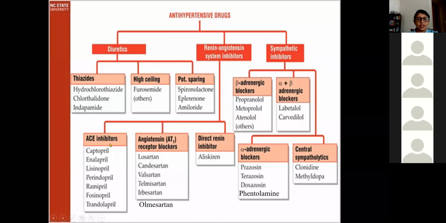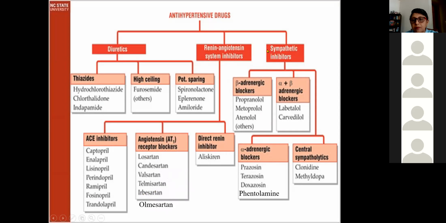ACE inhibitors are captopril, enalapril, lisinopril, perindopril, ramipril, fosinopril, trandolapril. Don't worry about the names, only a few you have to study, but I have to complete the names. Then ARBs, angiotensin receptor blockers: losartan, candesartan, valsartan, telmisartan, irbesartan, olmesartan. Then direct renin inhibitor, aliskiren.